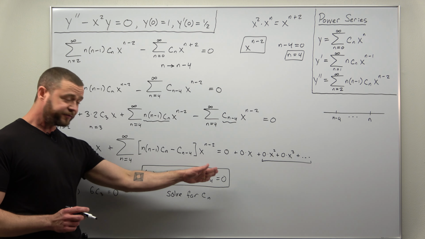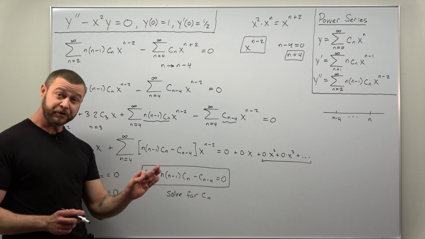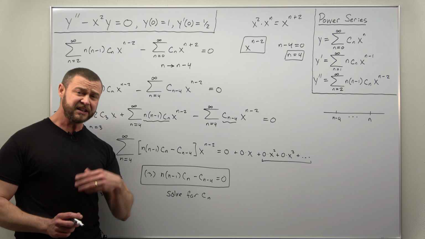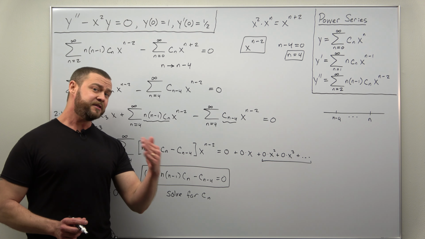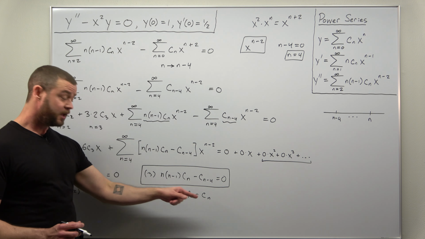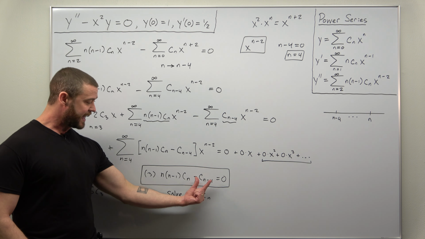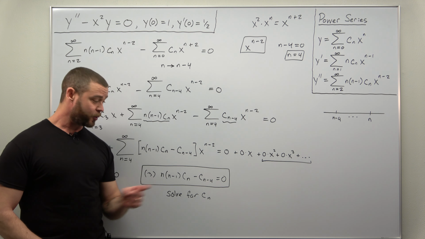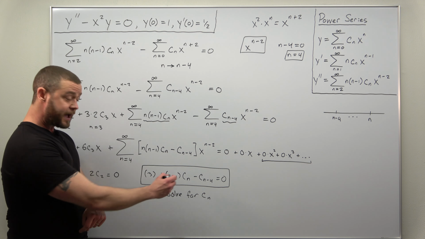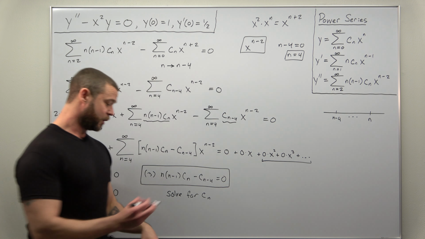Depending on how you shifted and your subscripts and your indices, you might be solving for a different higher index term than c sub n. So this is very simple. We can just add c sub n minus 4 to the right side and then divide by n times n minus 1.